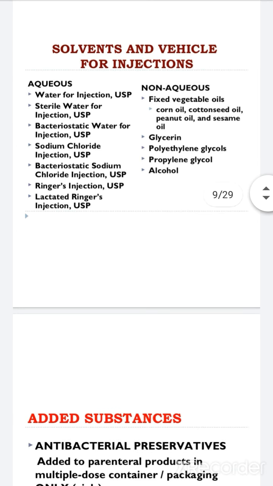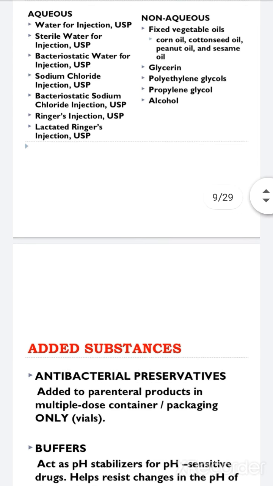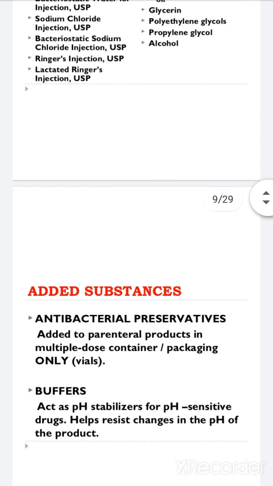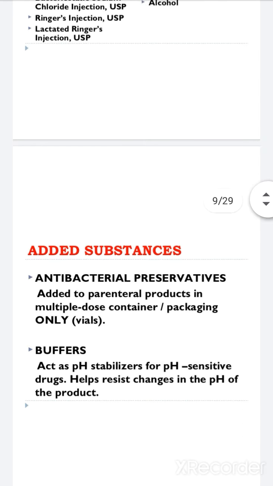Added substances. Antibacterial preservatives are added to a parenteral product in a multi-dose container, for packaging only. Here it is written that it is for packaging only. We do not add antimicrobial or antibacterial substances to the preparation itself.